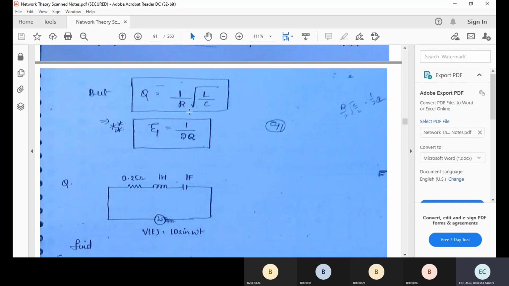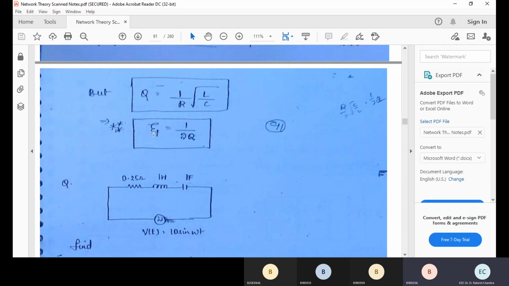And if you compare with the damping ratio, zeta, the damping factor zeta is equal to R by 2 into root C by L. In control systems, you might have seen the damping factor, right? You have the subject called control systems.